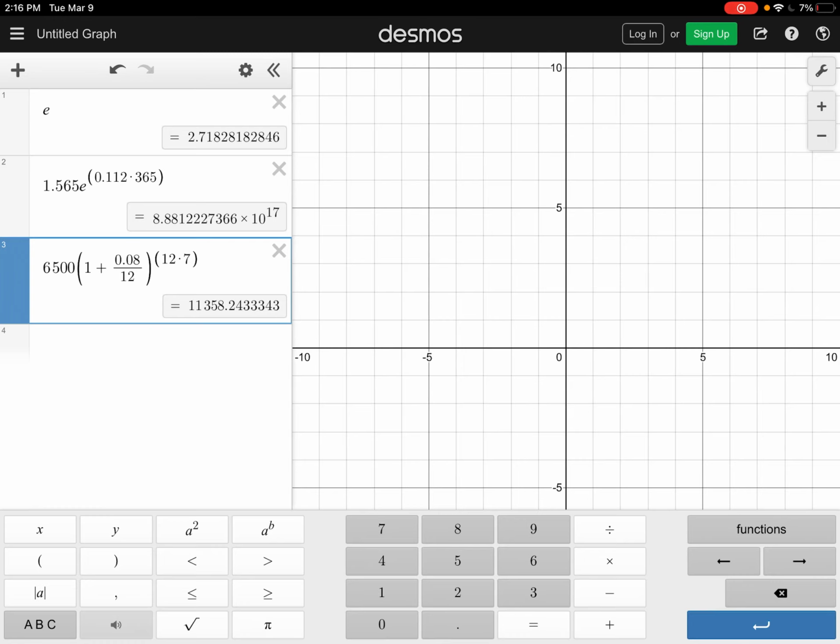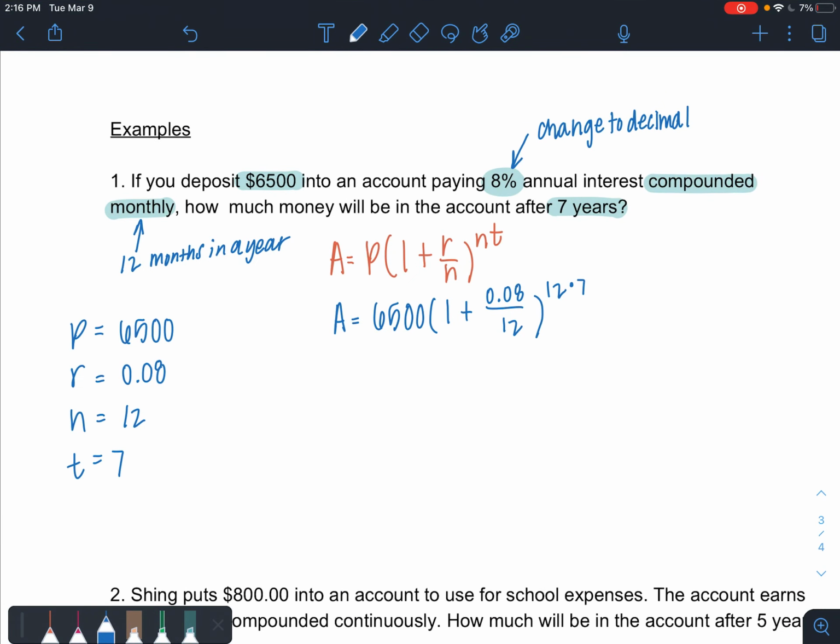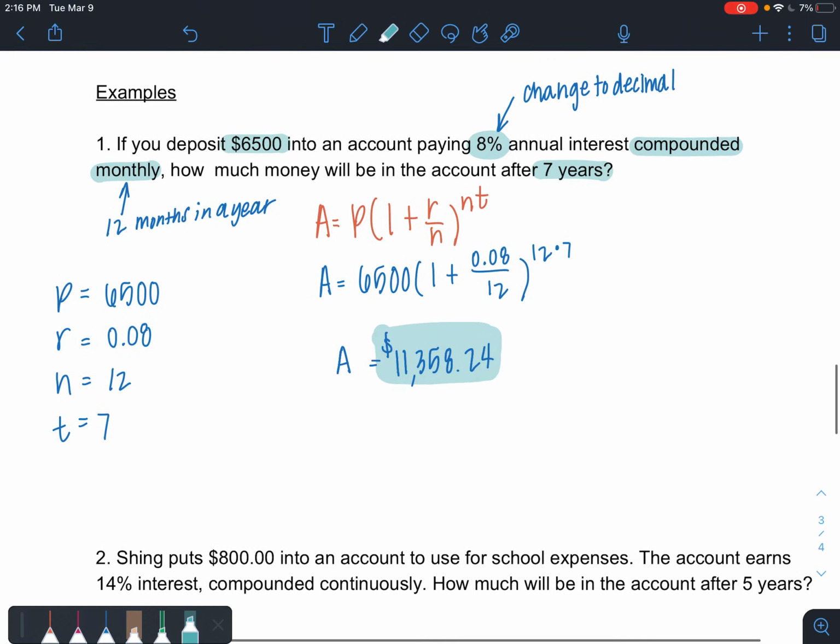So we get 11,358.24. Okay, so that's how much money I have after 7 years, which is a good chunk of change. And we do want to write that as dollars because we are talking about money here.